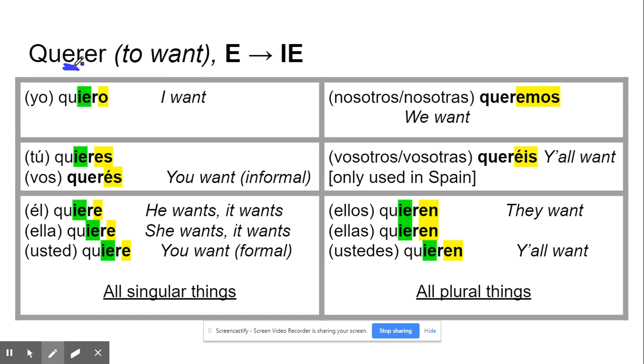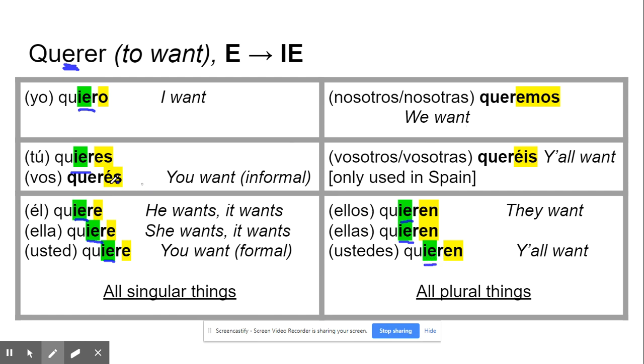Querer means to want. And you do the same exact thing that we just did with dormir and jugar, except in querer, the E's change to IE in yo form, tú form, él, ella, usted form, and ellos, ellas, and ustedes form.